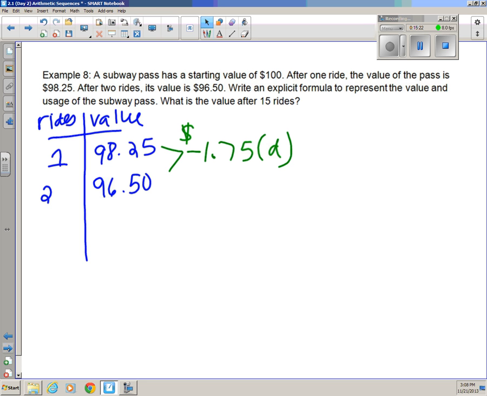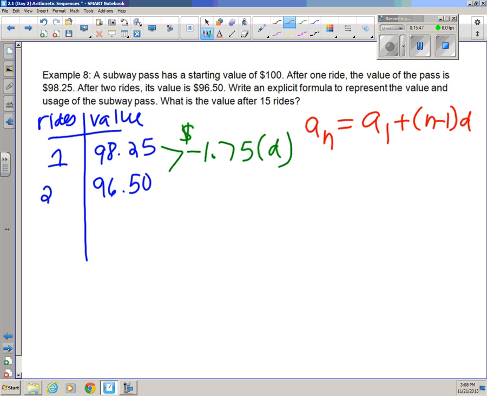If I want to think about some sort of rule here, especially since I'm looking for the explicit formula, I can say, well, I know what my starting value is. My starting value is my one ride. So I'm looking for this particular formula: a sub n, and remember, we're looking for the explicit. So a sub n equals a sub 1 plus n minus 1 times d.